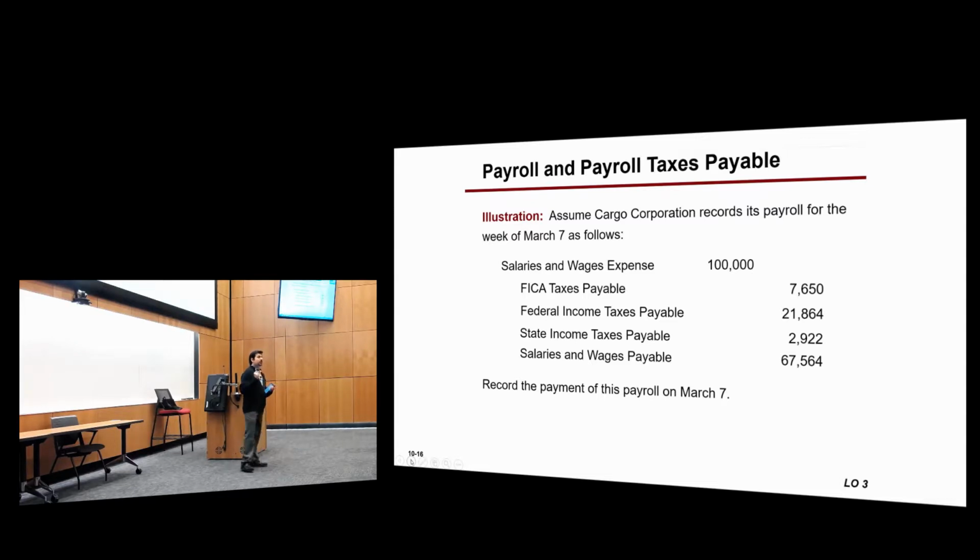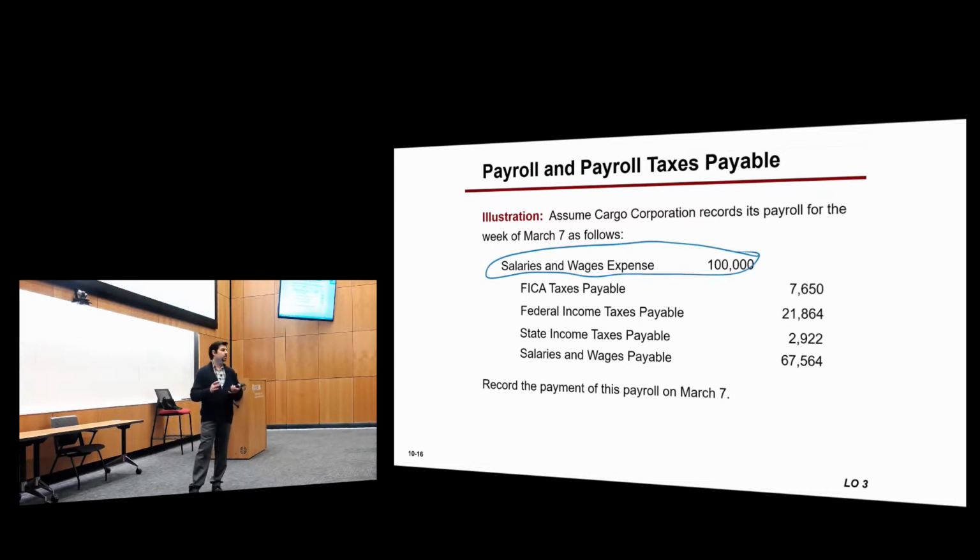Now, those tax payables are deducted from the paycheck of each employee. Here we're not talking about what the company is paying themselves. The company's expense, let's say in this example, is 100,000. That's the gross pay.